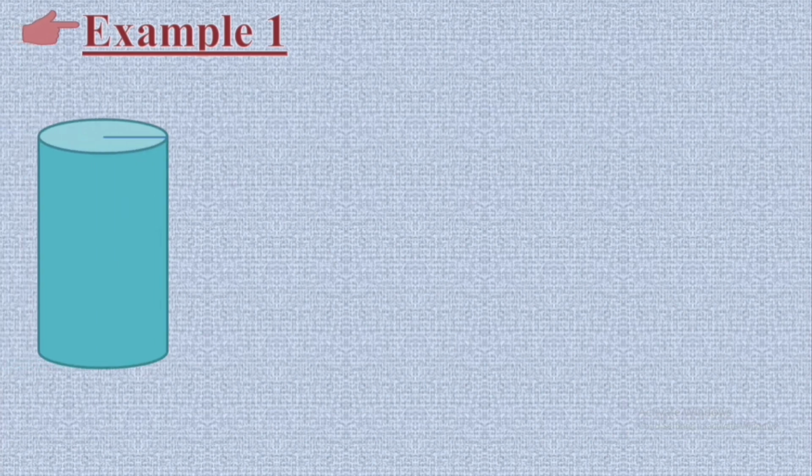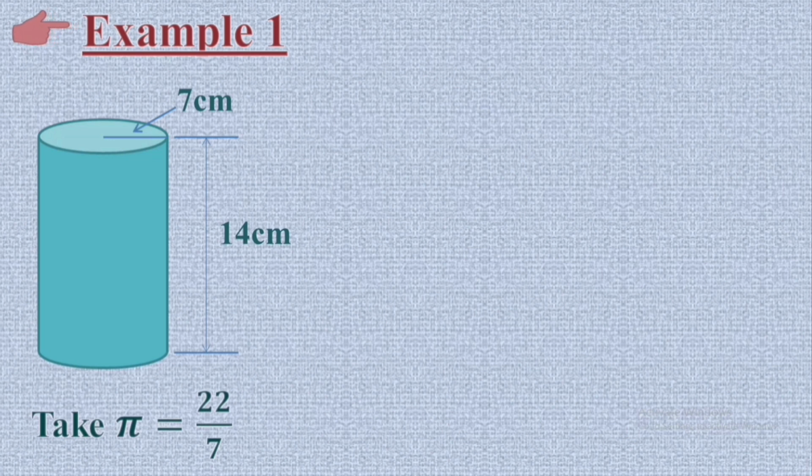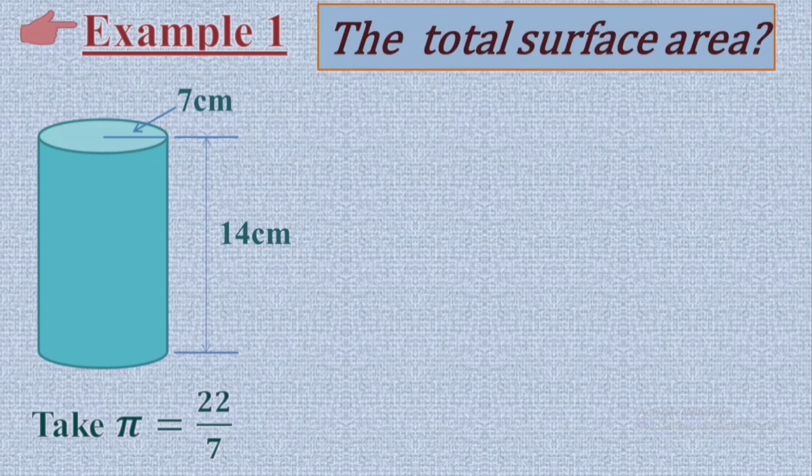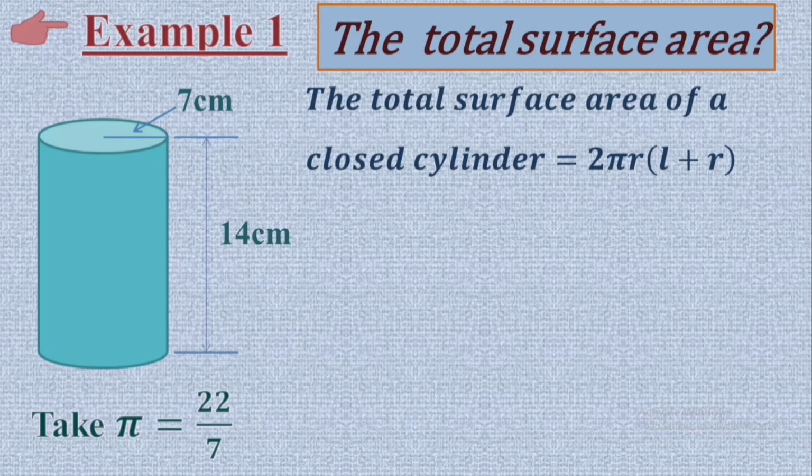Now, here is an example. Consider this cylinder closed at both ends. If the length is 40 cm and the radius is 7 cm, take pi to be 22 over 7. What is the total surface area? Remember that the formula for calculating the surface area of a closed cylinder is equal to 2 pi r times (L plus r).